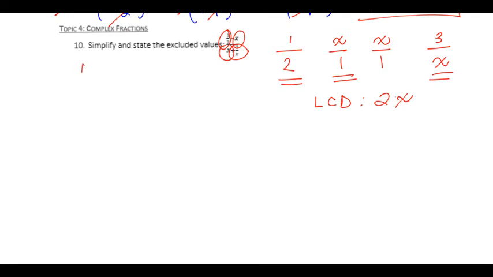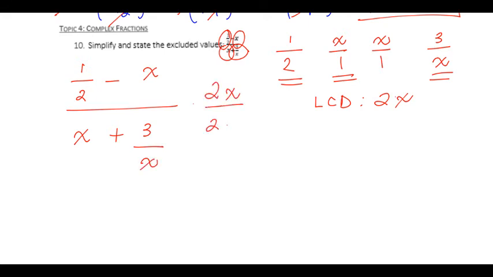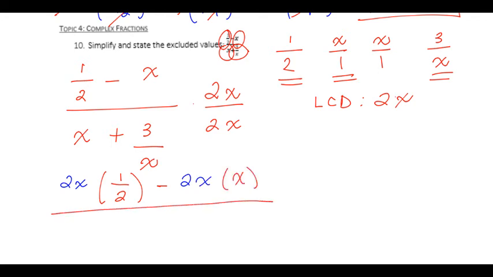How I'm going to use that is I'm going to multiply both numerator and denominator by 2x, so that essentially I'm multiplying by 1 and not changing the problem at all. So it's 2x times the first fraction minus 2x times the second term, which is x, over 2x times x minus 2x times the last term, which is 3 over x.